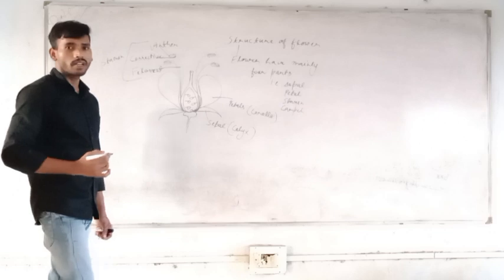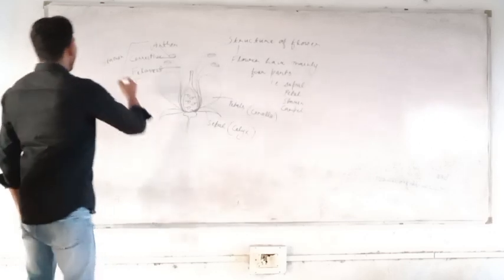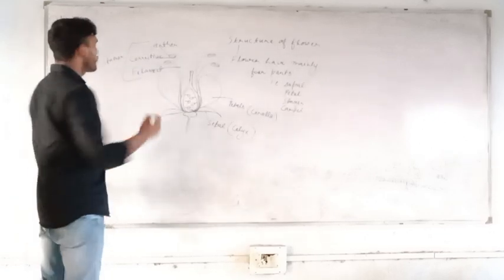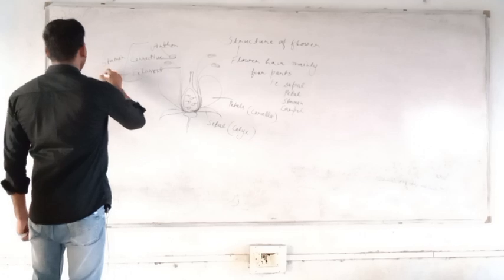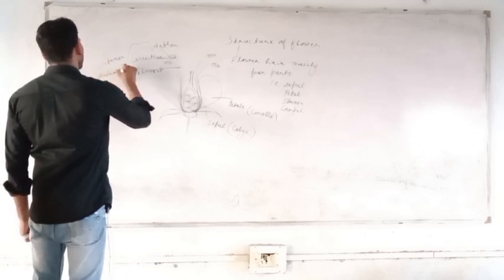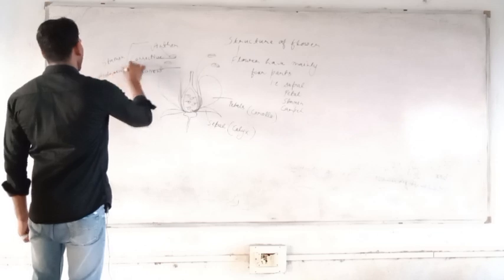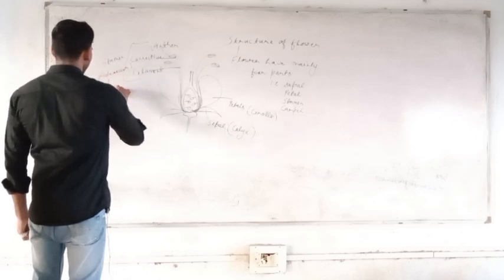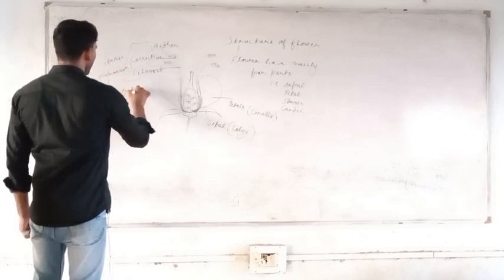Stamens are male reproductive part of the flower, and group of stamens forms androecium. Androecium is the male reproductive part of the flower.